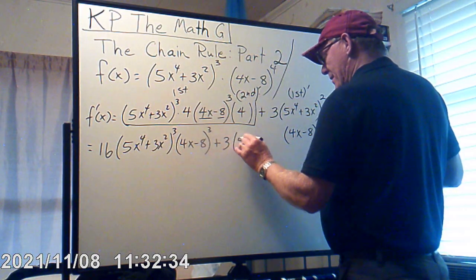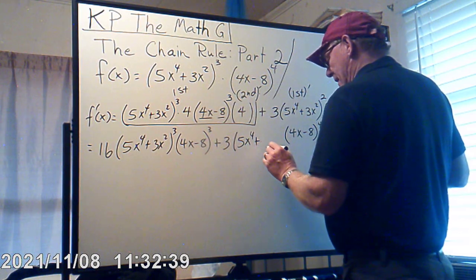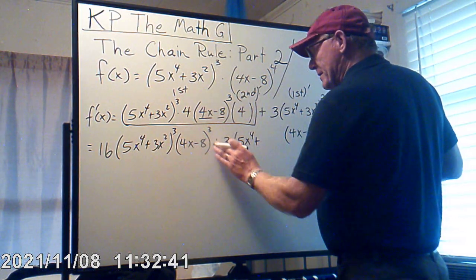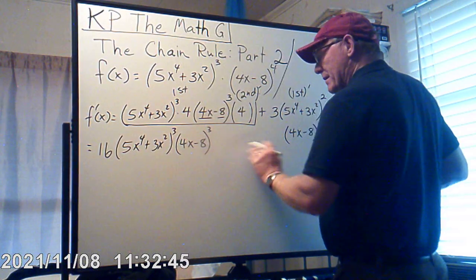Let's see, 5x to the fourth plus 3x squared. Okay, so let me just put the plus sign down here. I apologize, okay, let's put it down here.